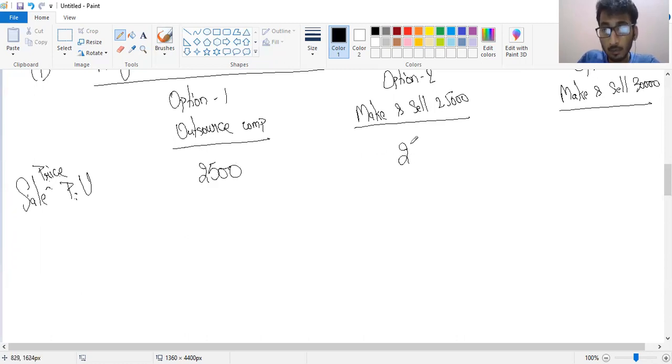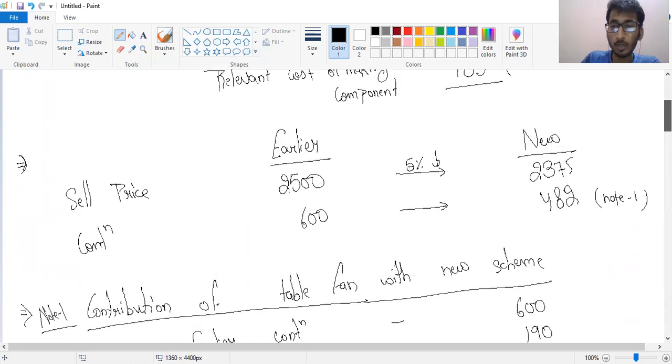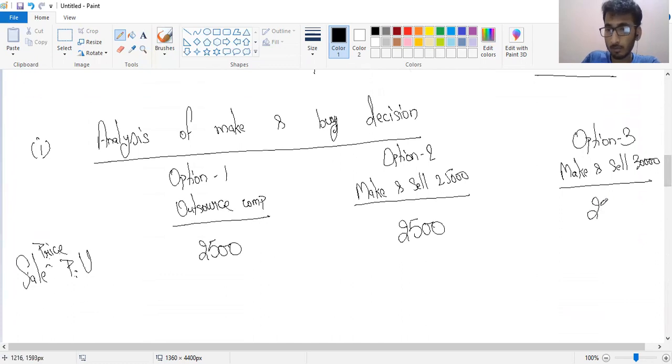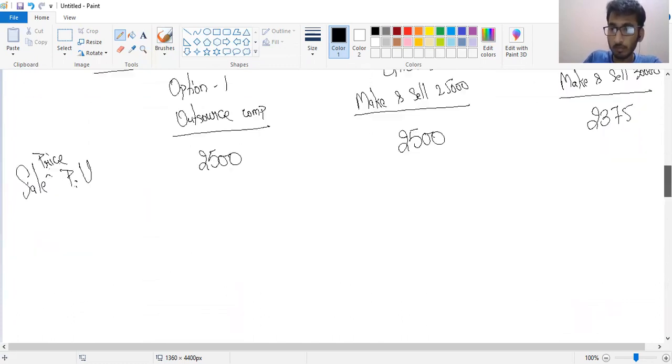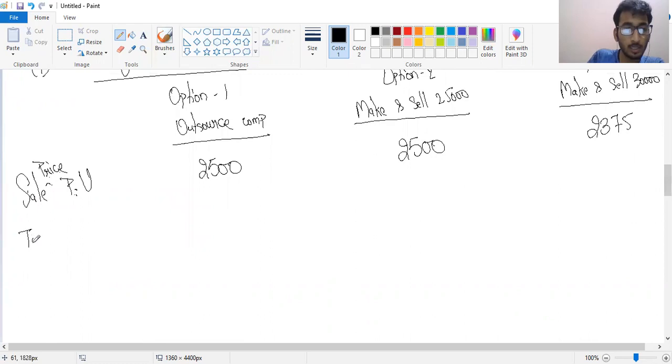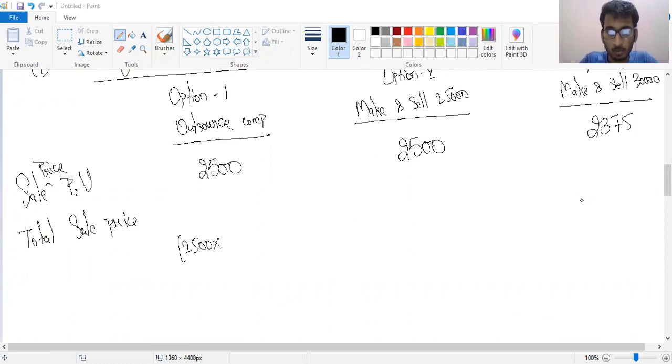In this case as well, 2,500. And in this case, we have computed it as 2,375. Total sale price: what would be the total sale price? 2,500 multiplied by, I hope it is 2,500, right? Just a second.